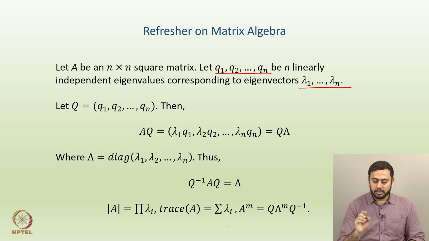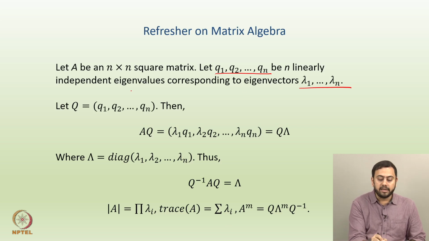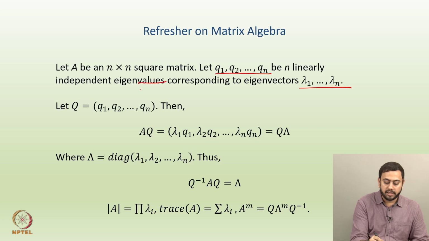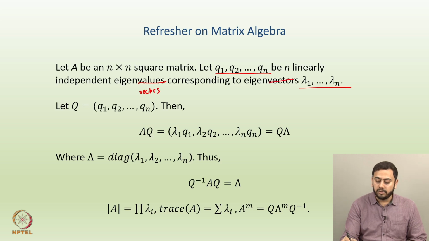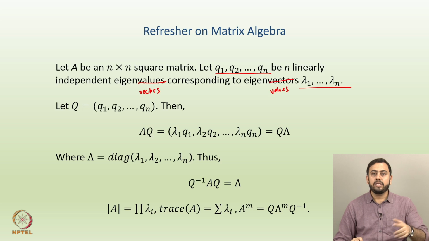Here one small mistake: Q1, Q2, Qn are eigenvectors, not eigenvalues, because the Qi's are the eigenvectors corresponding to the eigenvalues. So corresponding to each eigenvalue lambda 1, lambda 2 up to lambda n, we have linearly independent eigenvectors Q1, Q2 up to Qn.